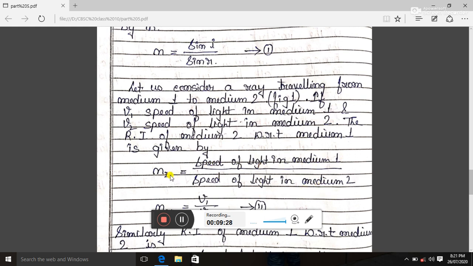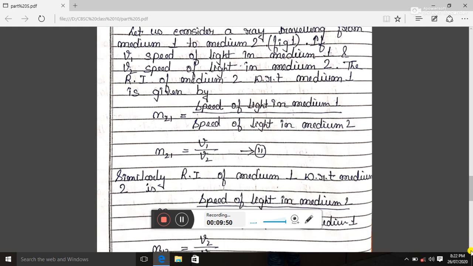Since light is traveling from medium 1 to 2, n is written as n21. This is also one expression of refractive index. Here v1 is the speed of light in medium 1 and v2 is the speed of light in medium 2.